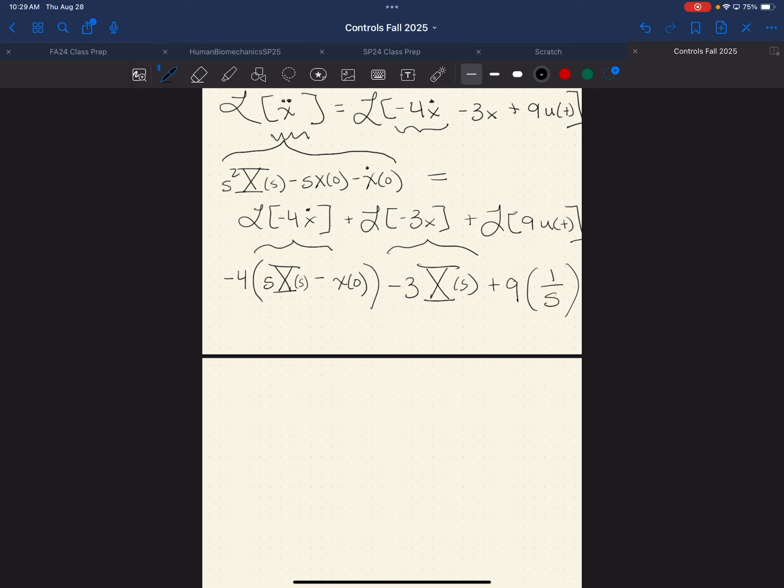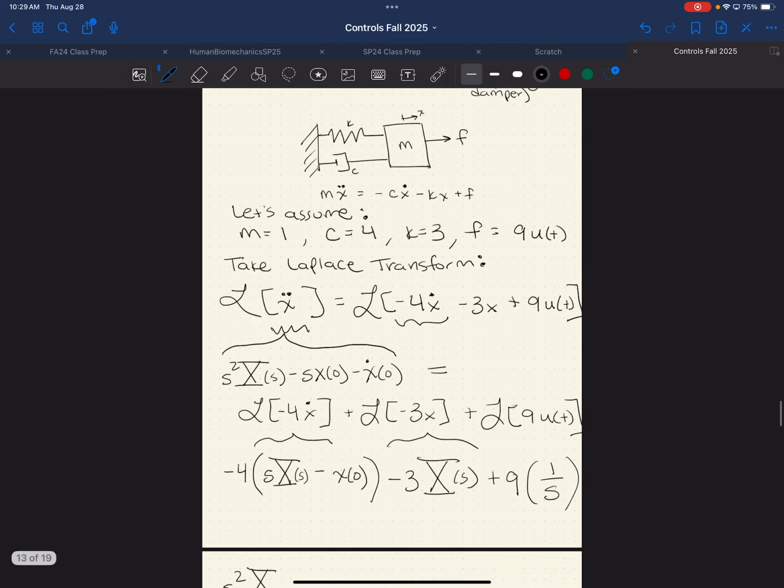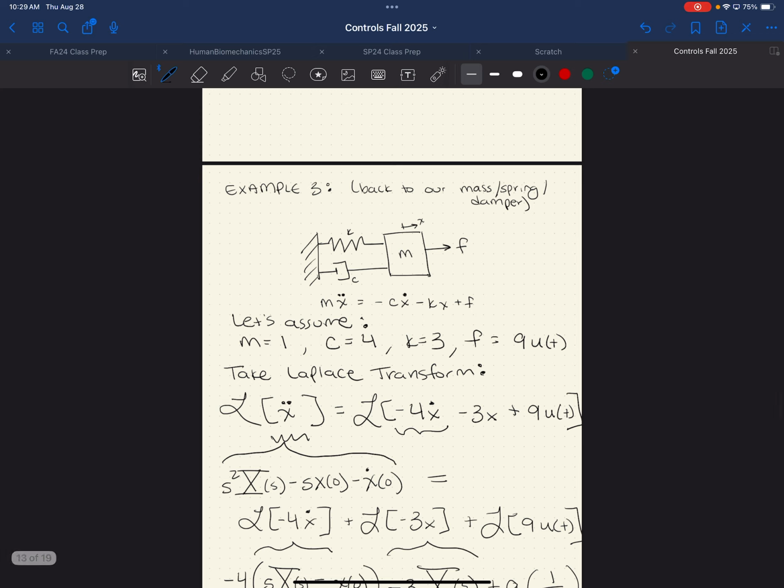That looks a little messy, so let's try to clean it up. We've got, let's see, s squared, big X. What was x of 0? I didn't tell you. Let's assume our initial conditions are x of 0 equals 1 and x dot of 0 equals 0.